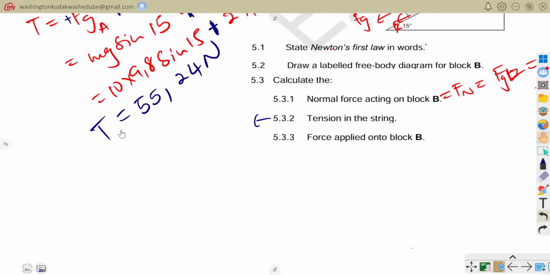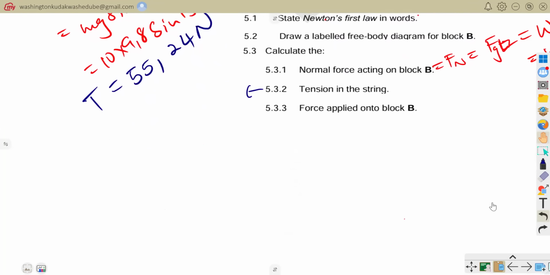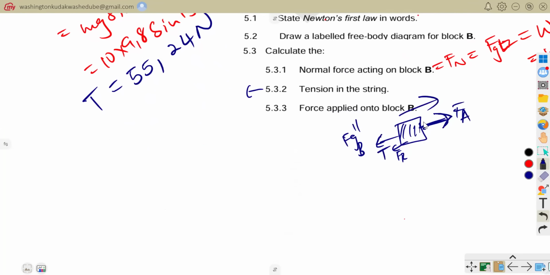Now the forces on block B: as block B is in this format, F is going up, and going down it will be Fg parallel of block B, and then we also have tension on this string, and we will also have what? The frictional force, because this applied force is the one that is causing movement upwards.